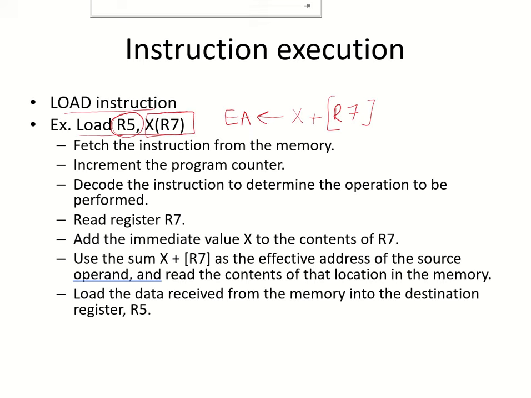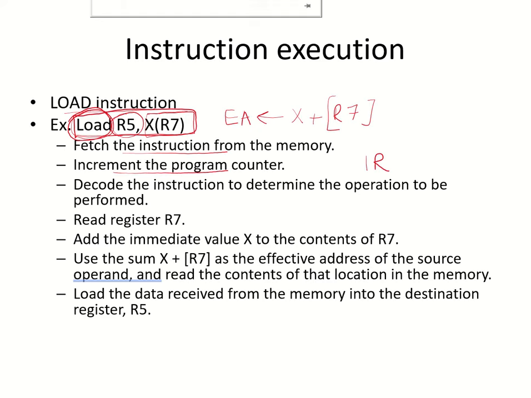The first thing that needs to be done is to fetch this instruction from the memory. This instruction is currently in the memory and this has to be fetched from the memory. Also, the program counter has to be incremented. When this comes into the processor, it will be placed in the IR, the instruction register, where it will be decoded and it will be determined that a load operation has to be performed.